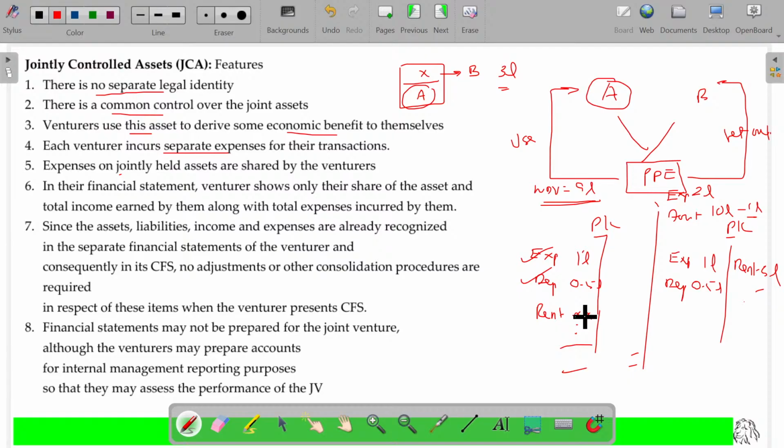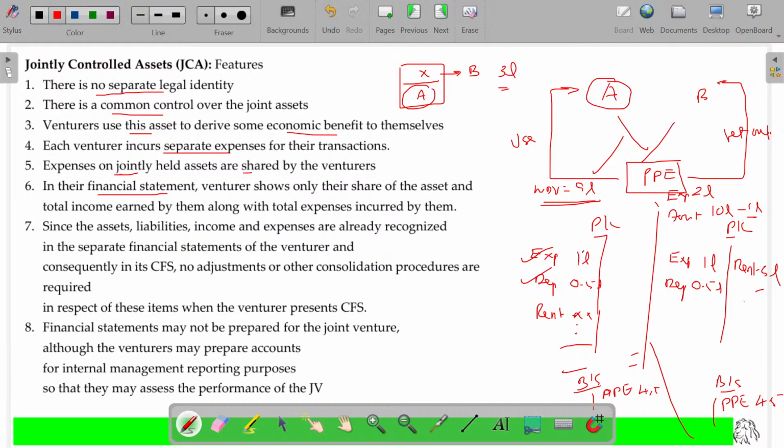Clear? Now in the balance sheet, to the extent of his share, 4.5 lakhs will be added as asset, property, plant, equipment. Similarly, in the balance sheet of B company also, they will include property, plant, equipment as asset to the extent of 4.5 lakhs. Is that clear? So expenses on jointly held assets are shared by the venturers.